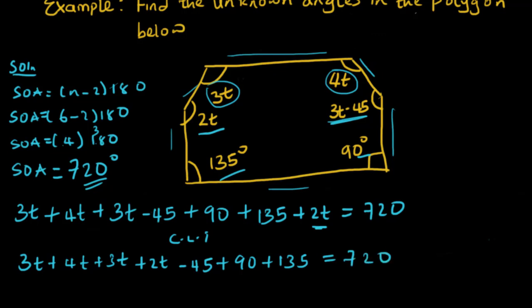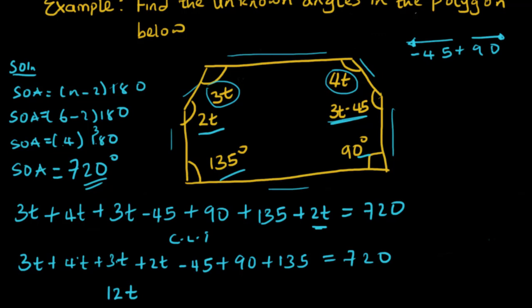I hope you understand this. 3t plus 4t will give us 7t. 7t plus 3t should give us 10t. 10t plus 2t would give us 12t. Then we have minus 45 plus 90. Minus is moving in this direction, plus is moving in this direction.